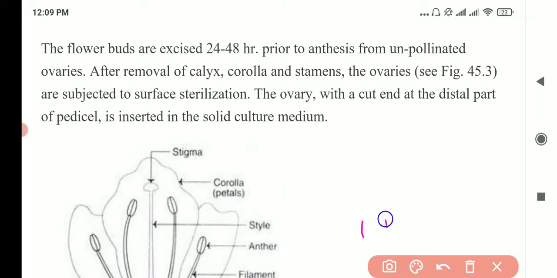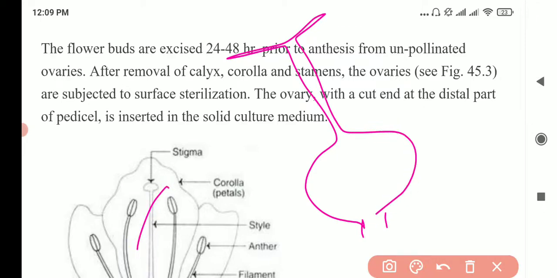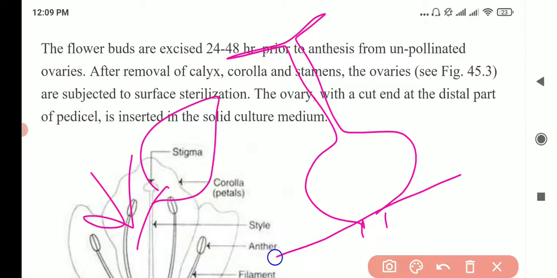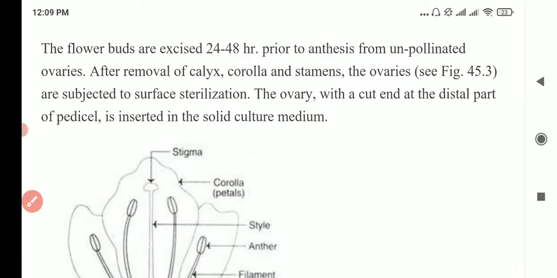If this is the pedicel, the stalk, remember? Like if this is the leaf, this one is the pedicel. So you cut it from where the stalk attaches, and then you insert this cut part into the culture medium.